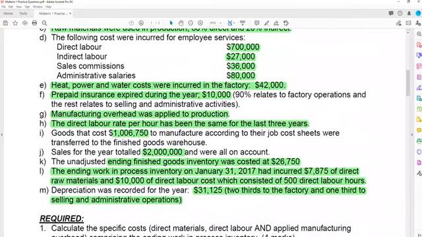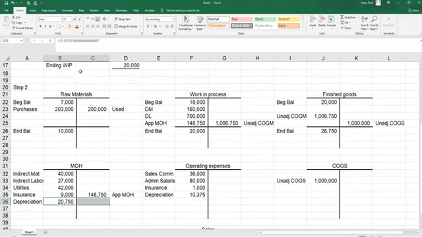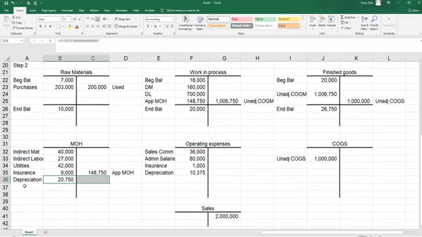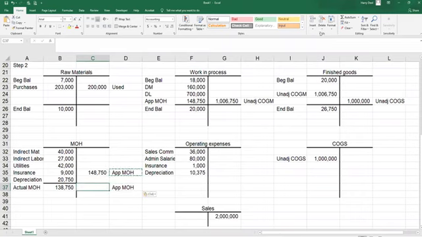So we should now be ready to go on to the next phase: add up the manufacturing overhead. The total actual manufacturing overhead is the sum of the debit side, so 138,750. The total applied manufacturing overhead is 148,750.